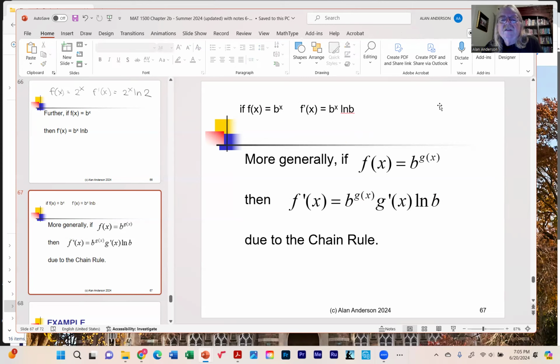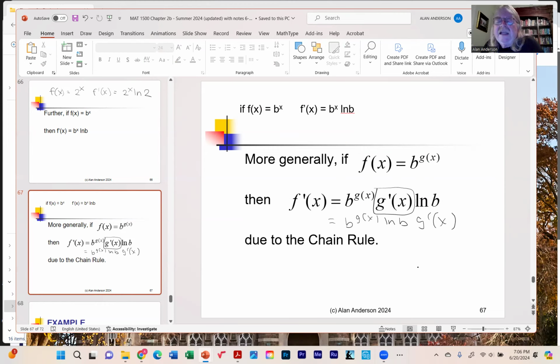So what happens when we change that to b to the g of x power? It's b to the g of x log b. So in other words, this is the new part, because this could have been written as b to the g of x log b, and then all of a sudden here's this g prime of x.